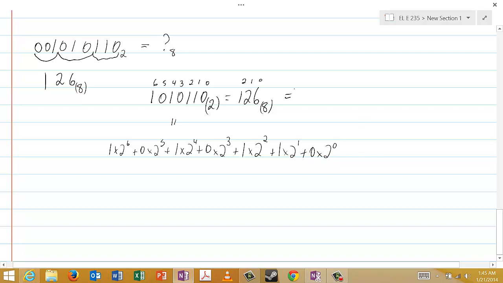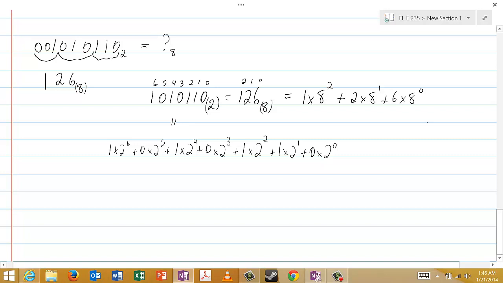And on the other hand, this number on the right is equal to 1 times 8 squared plus 2 times 8 to the 1st power plus 6 times 8 to the 0 power.